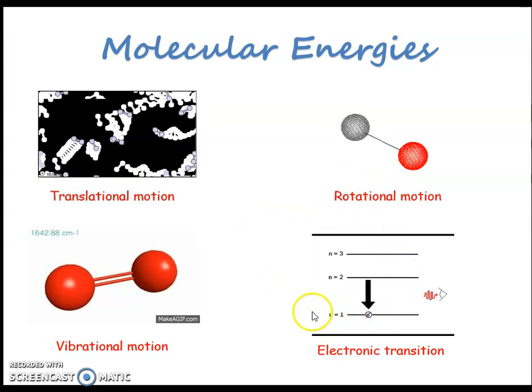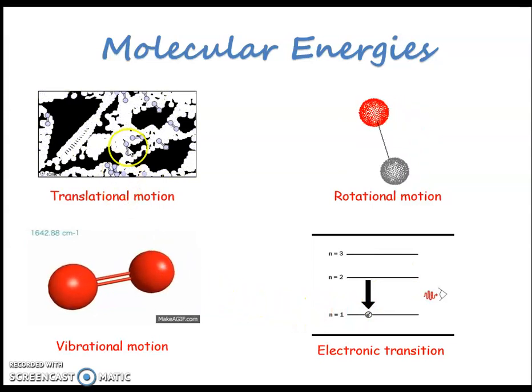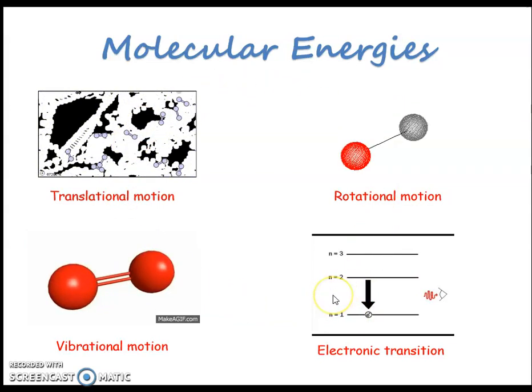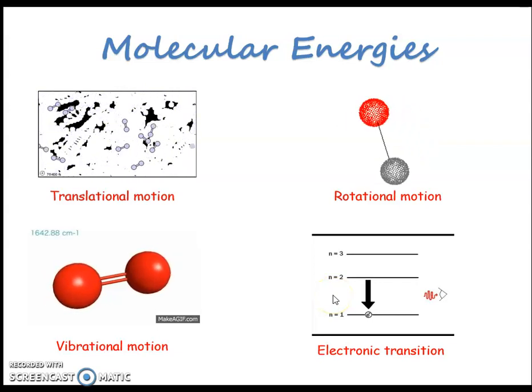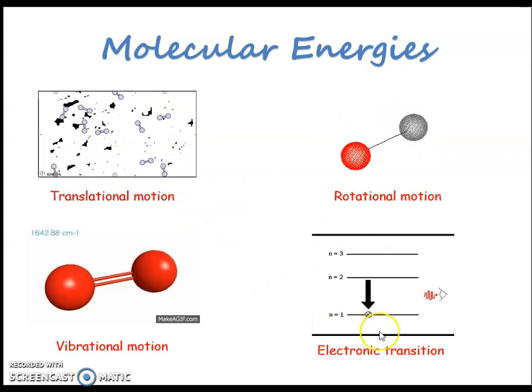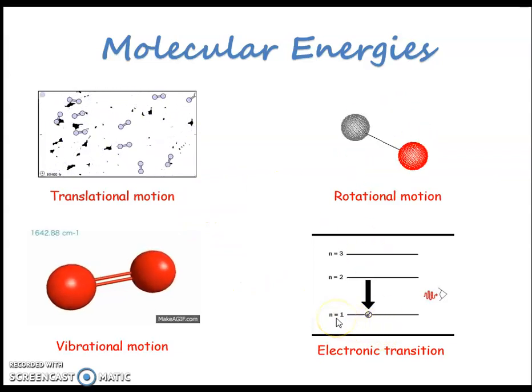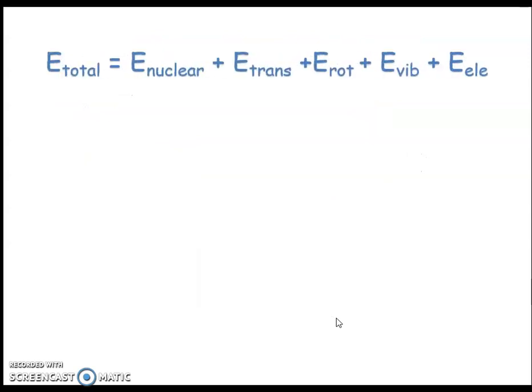Thus, for a molecule, the energy absorbed by radiation can be utilized to translate, rotate, vibrate, or excite the electron. Hence, the total energy of a molecule can be written as the sum of nuclear energy, translational energy, rotational energy, vibrational energy, and the electronic energy.